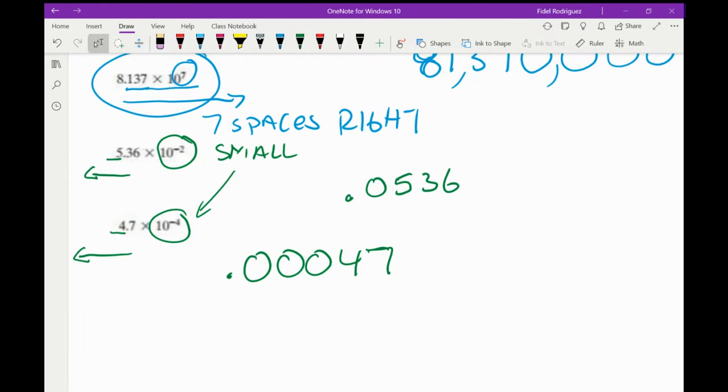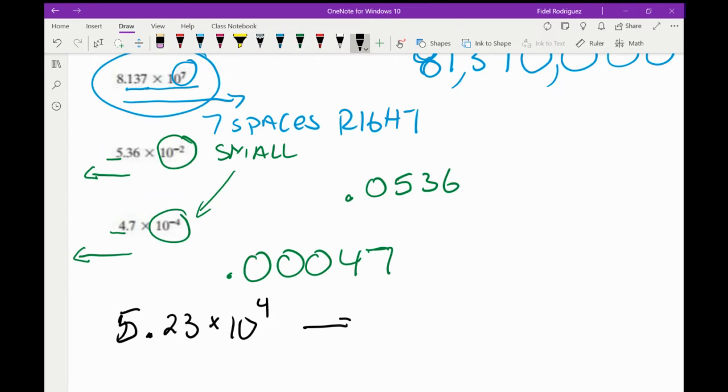So let me write something here. Oh, let's see. We'll make it easy breezy cover girl. Come on, pen. Okay. 5.23 times 10, oh, I don't know, we'll keep it easy, to the 4th.